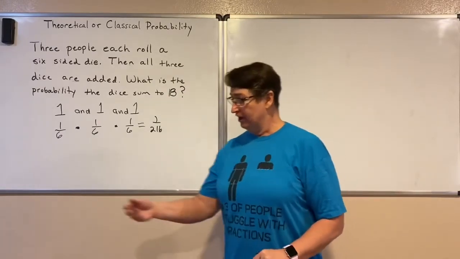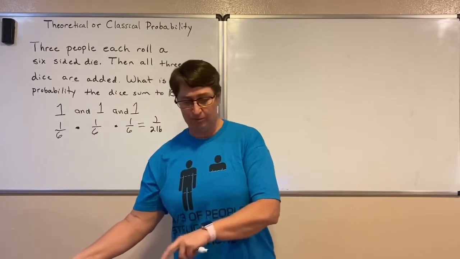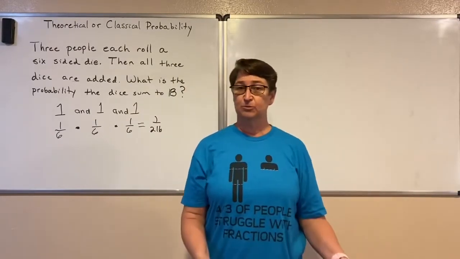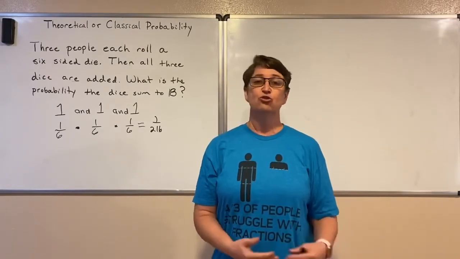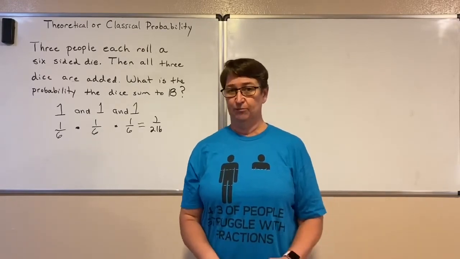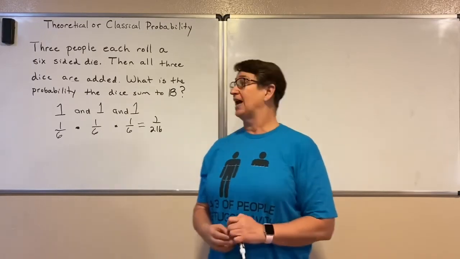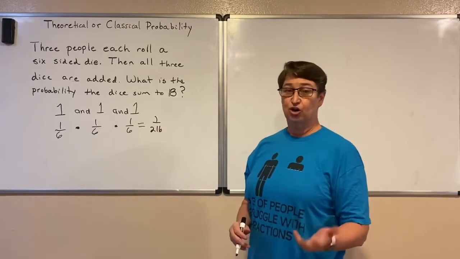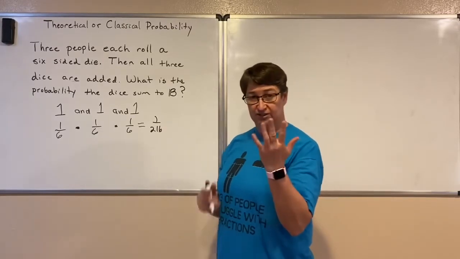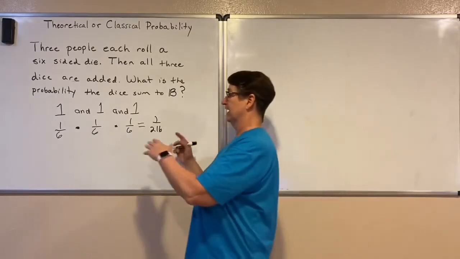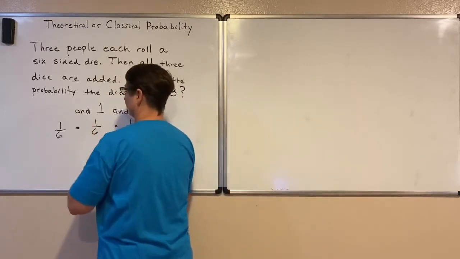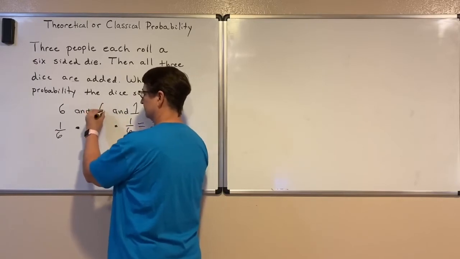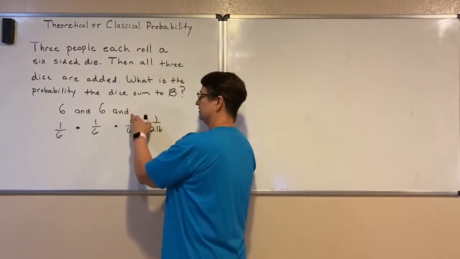Well, if the first one rolls a 1, that would mean the other two would have to roll 17 between them. But 6 plus 6 just makes 12. So they can't roll a 17 between them. In fact, if you look at that 18 and you divide it amongst all three of them, they could each roll 6 in order to get to 18. So let's just start there. So a 6 and a 6 and a 6.